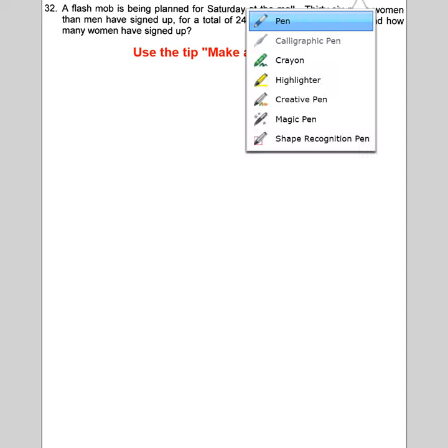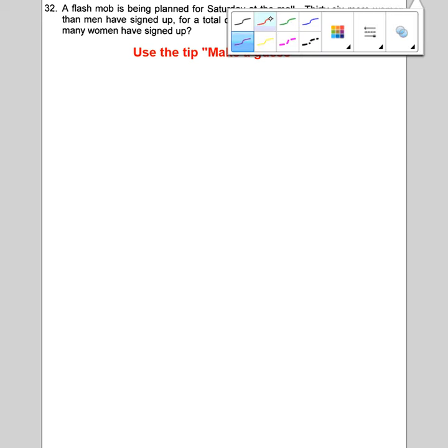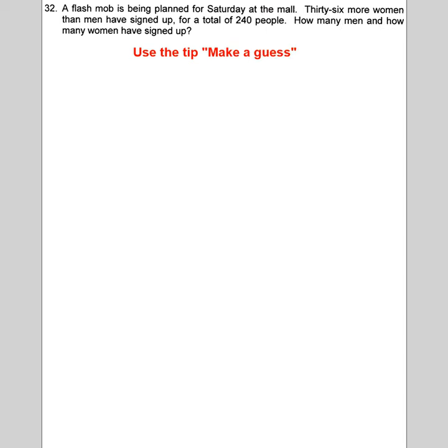So I have to start thinking about what's going on here. I have a mob of people. There's a total of 240 people, and I'm asked how many men and how many women have signed up.